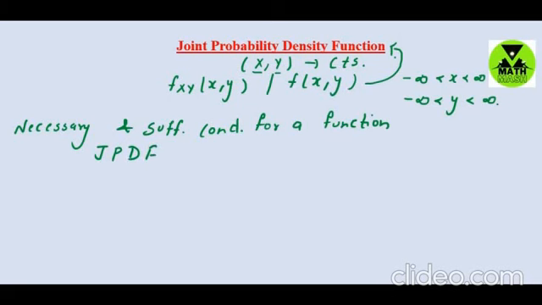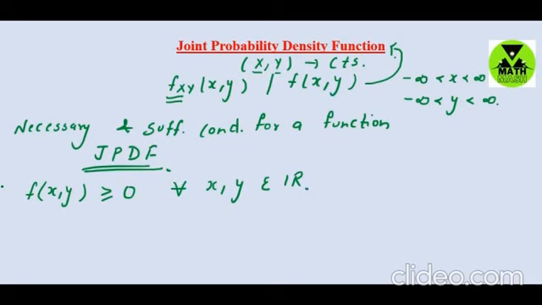Now, the first condition: because f_XY represents the probabilities over an interval, and since these are probabilities, f_XY is going to be greater than or equal to 0 for all x comma y belonging to the real numbers. So for all real number values, it is going to be greater than or equal to 0.